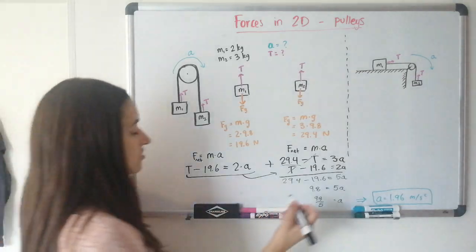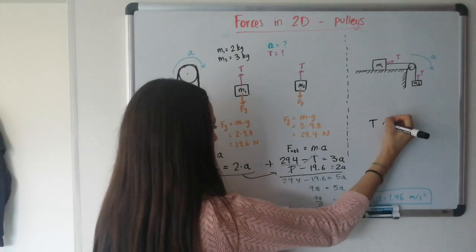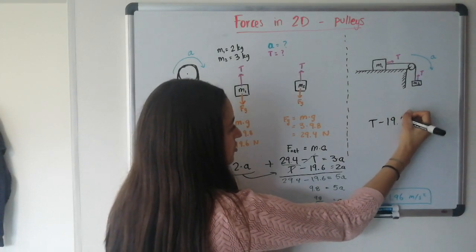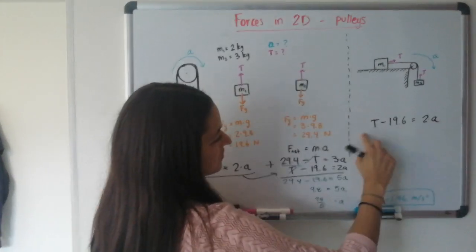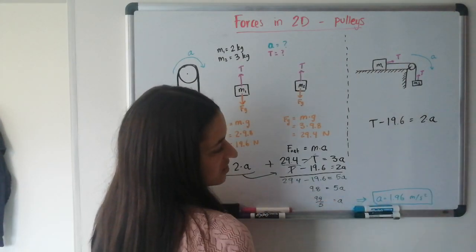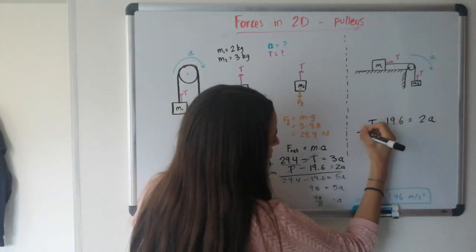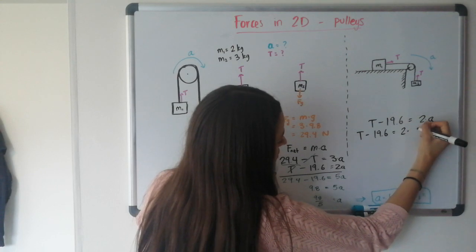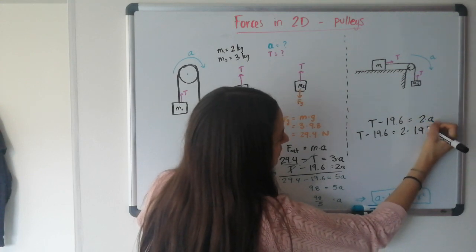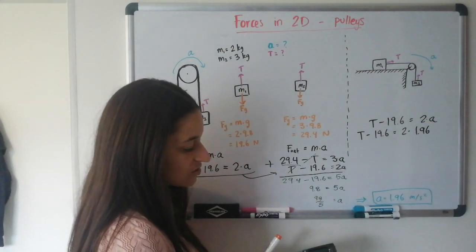So from this equation, T minus 19.6 equals 2a. We had this already, but a is 1.96, so we can put that there. T minus 19.6 equals 2 times 1.96.